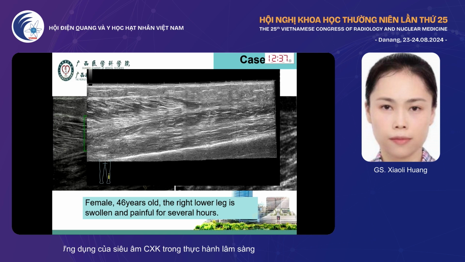Case 2, female, 46 years old. The right lower leg has been swollen and painful for several hours.